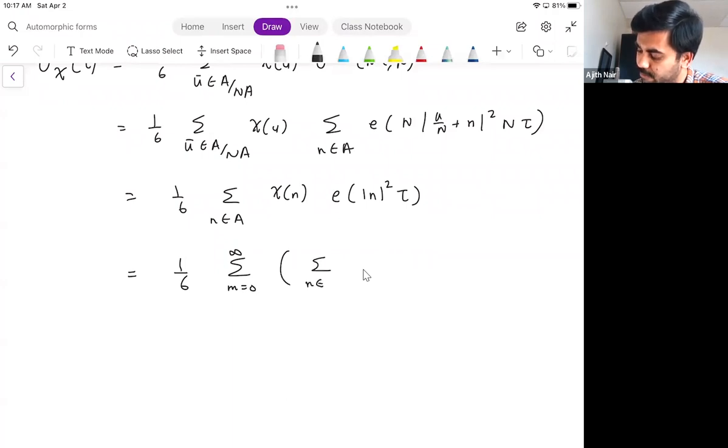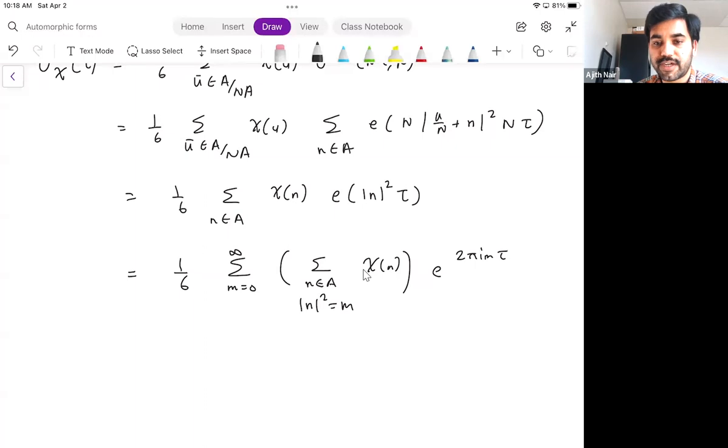So if you take the sum over all n for which absolute value n squared is equal to m, of chi of n. I'm replacing absolute value n squared by m.